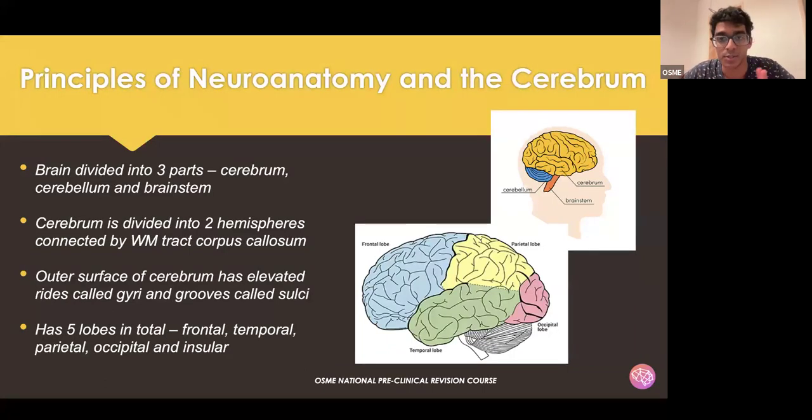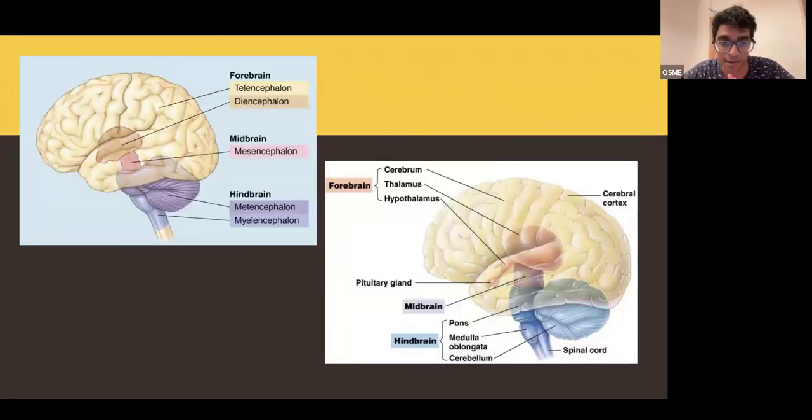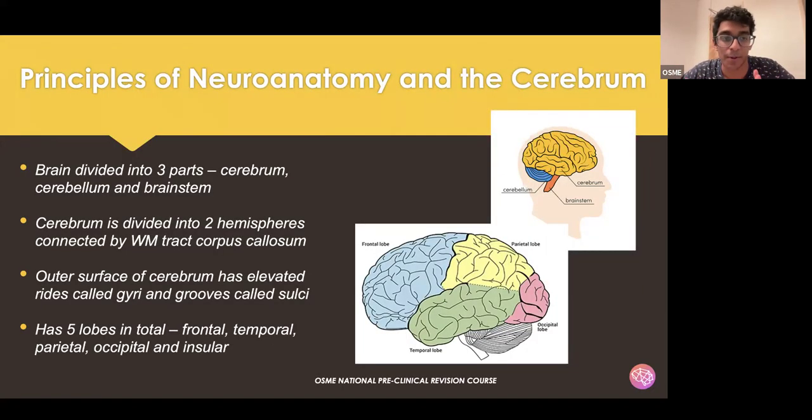So I'm going to now talk about the actual basic neuroanatomy and how the brain is laid out. So apart from the forebrain, midbrain, hindbrain division, we can also think about the brain in terms of the cerebrum, the cerebellum, and the brainstem. So we're going to start off by thinking about the cerebrum. When we think about the cerebrum, we want to remember that the gray matter, which is the neuronal bodies, is on the outside of the brain.